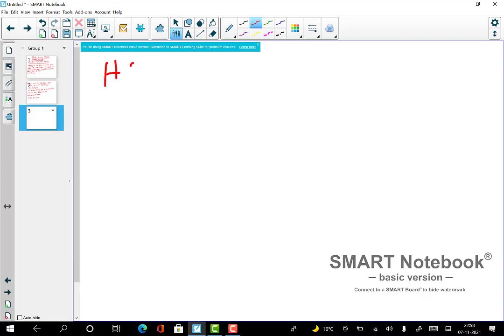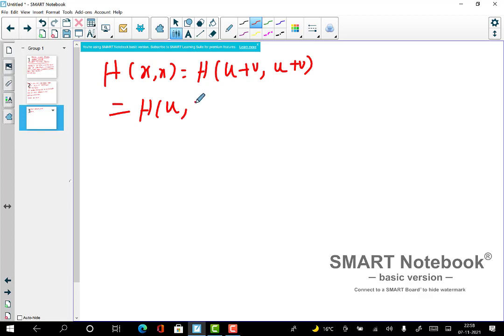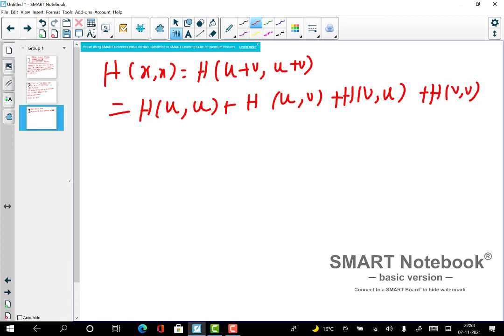H(x, x), by definition, is H(u plus v, u plus v), and the bilinearity property tells you this is H(u, u) plus H(u, v) plus H(v, u) plus H(v, v). But H(u, u) and H(v, v) are 0, so we have H(u, v) plus H(v, u).